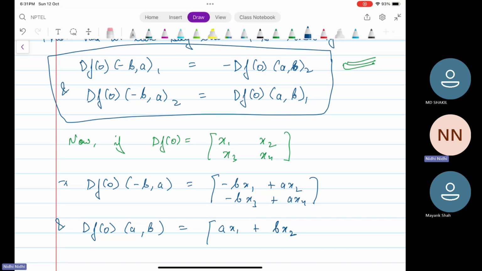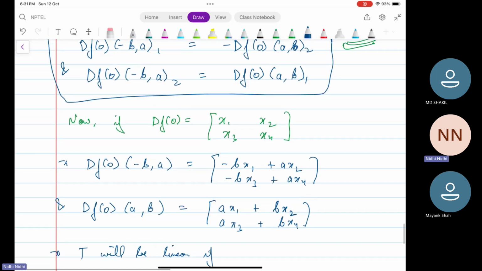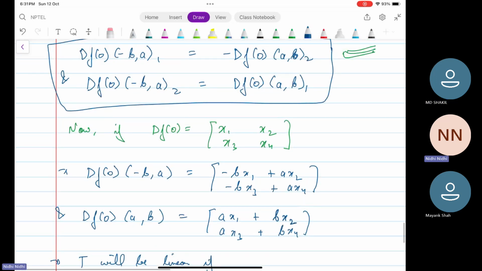This implies our map T will be linear if the first component of this is equal to the negative of the second component of this.